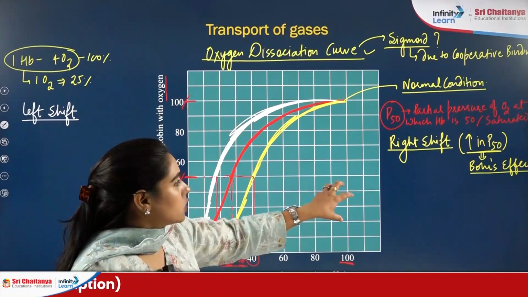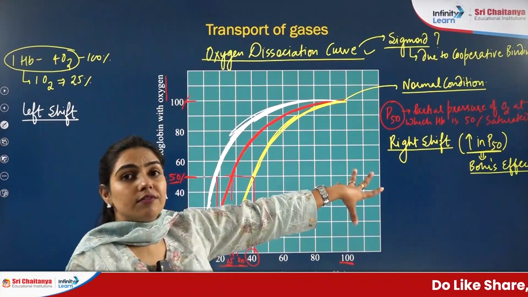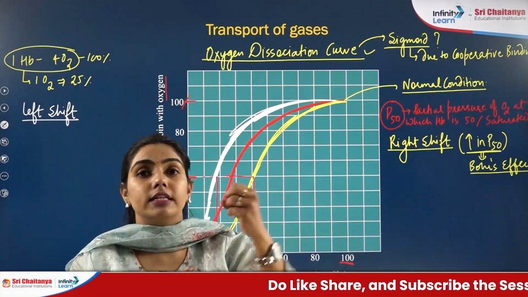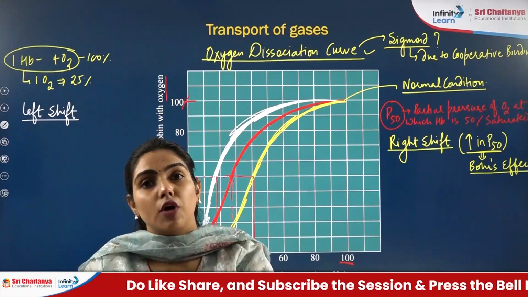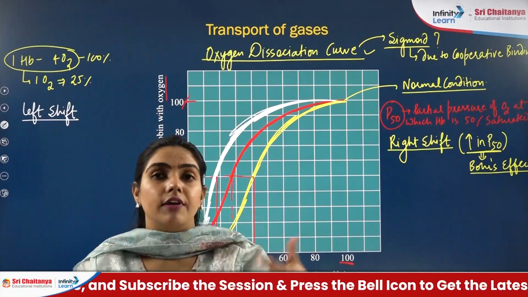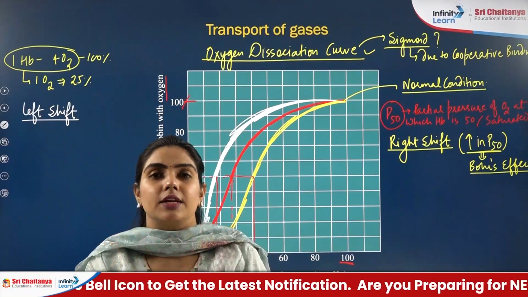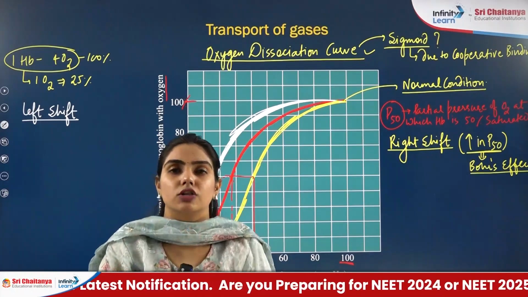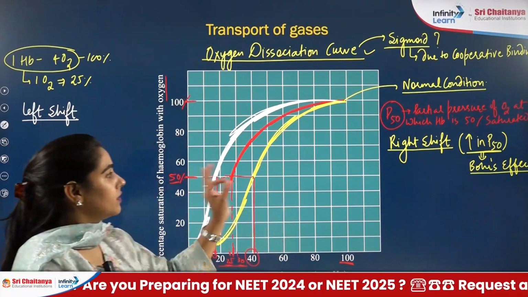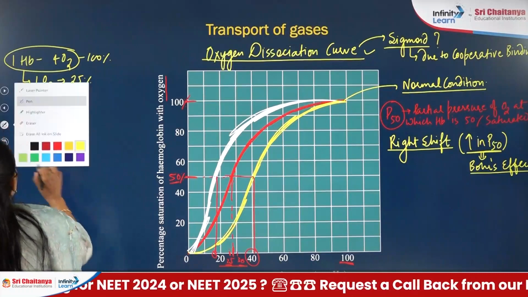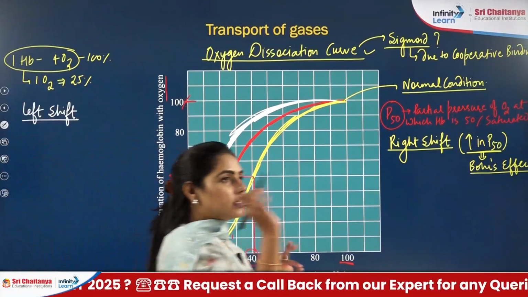So basically, in the Bohr's effect, I have told you there will be dissociation of oxygen from hemoglobin. And where is the oxygen dissociated from hemoglobin? At the tissue site, because tissues only require the oxygen, right? So that means we are going to see the shift to the right at which level?